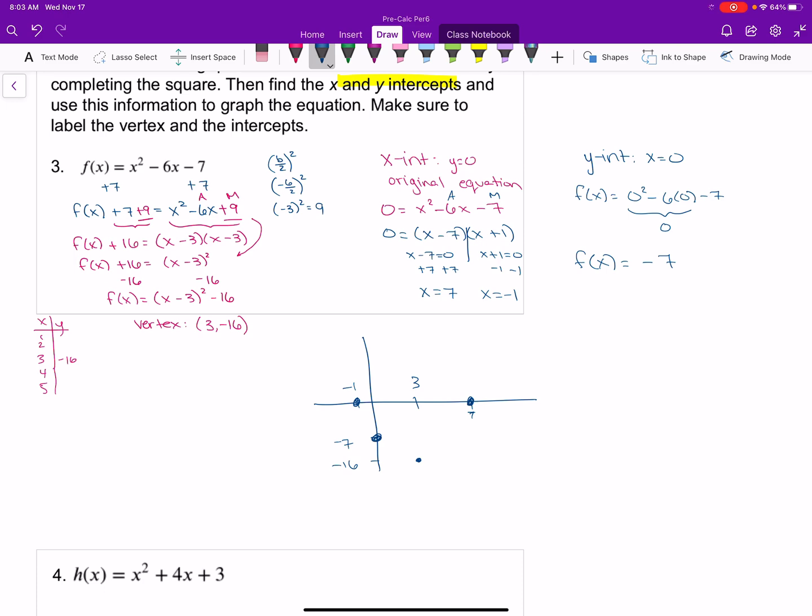We know that this is a parabola, this is our quadratic, so connecting with a U shape, you should be able to connect the points into your parabola shape. So rather than use the table, today we're going to be using our x and y intercepts.